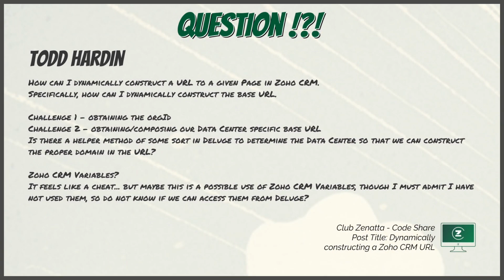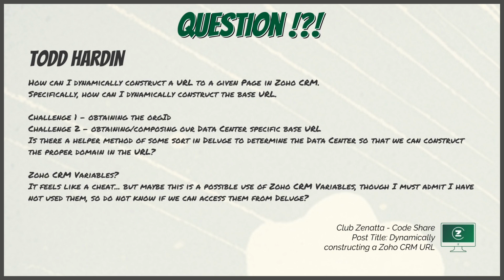All right, the next question is for Greg. This one is also from Todd, continuing basically his coding conundrums. How can I dynamically construct a URL to a given page in Zoho CRM? Specifically, how can I dynamically construct the base URL?